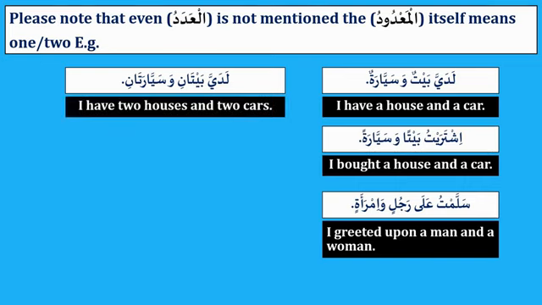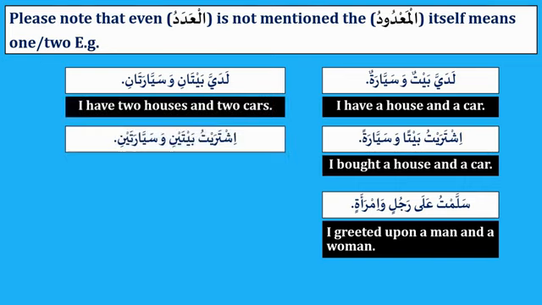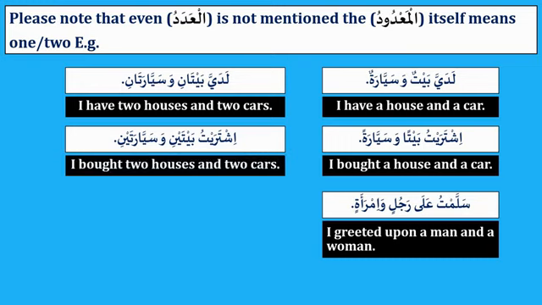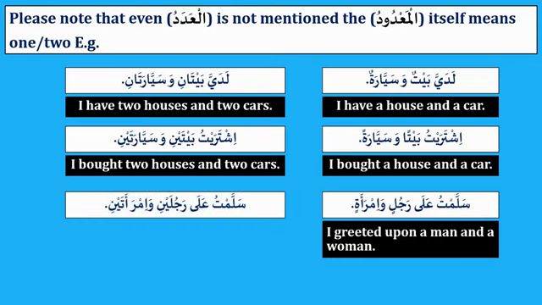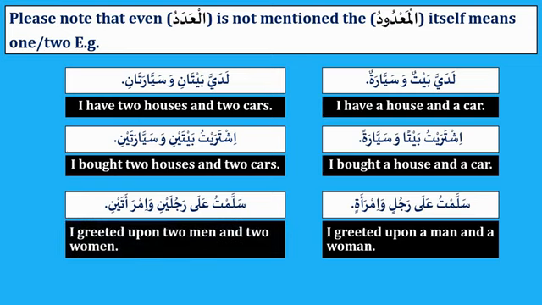I have 2 houses and 2 cars. اشتريت بيتين وسيارتين. I bought 2 houses and 2 cars. And the last sentence in genitive case, سلمت على رجلين وامرأتين. I greeted 2 men and 2 women.